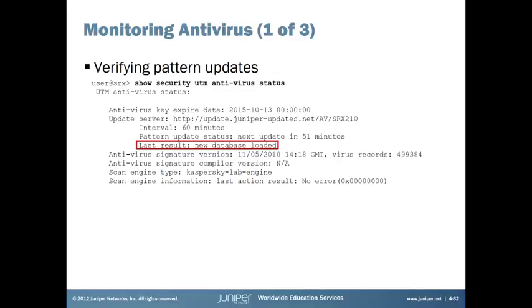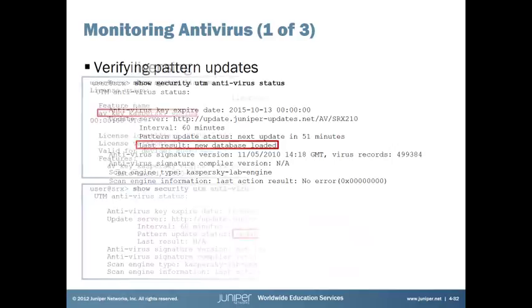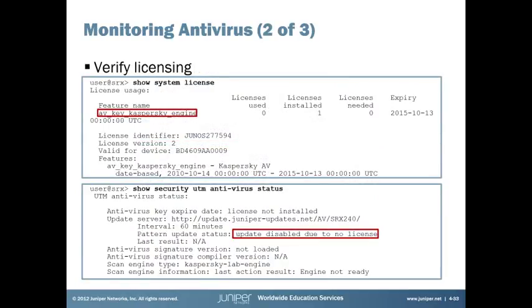Some of the things we can do to check the status of our antivirus: we can check the last time we had a virus database update, just to make sure that is working. Check the licensing. We can do a show security utm anti-virus status.